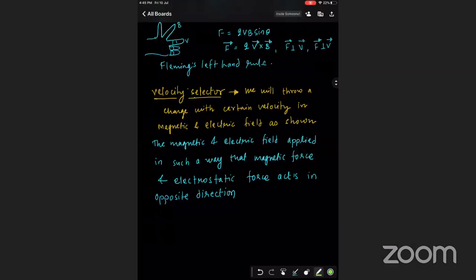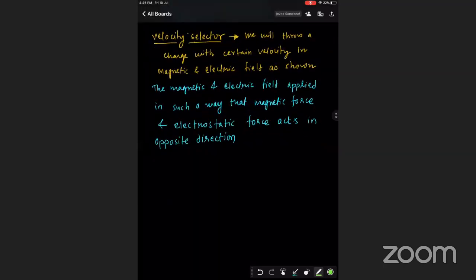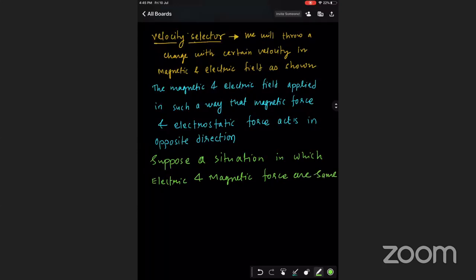Then the net force is same and opposite. So net force will become what? 0.